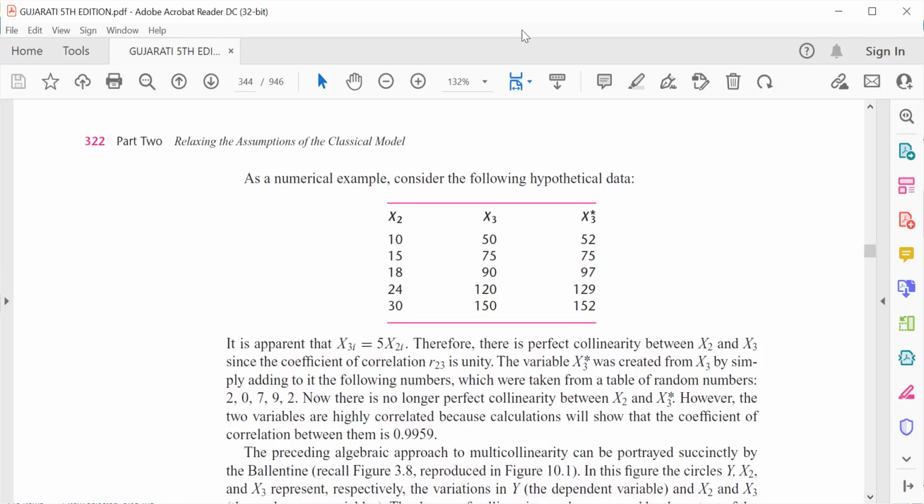In perfect multicollinearity, for example, suppose we have X2 equal to alpha 1 plus alpha 2 times X3, without any residual.